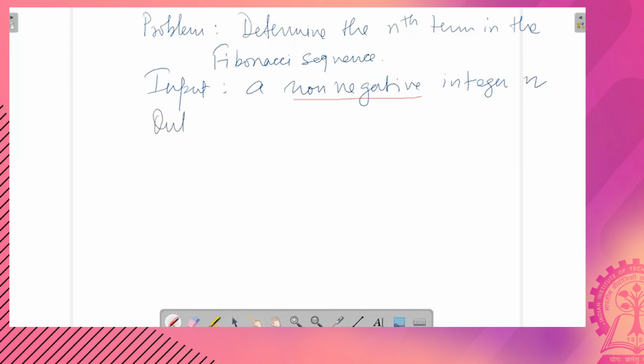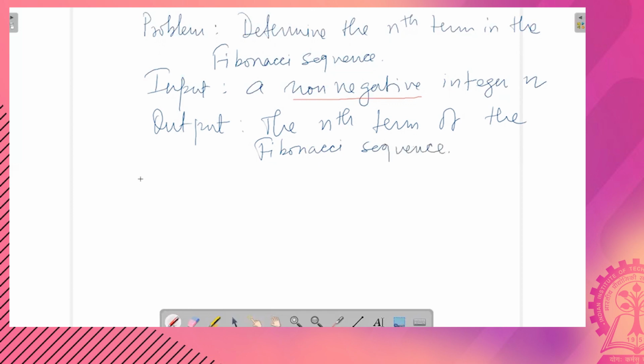Output is the nth term of the Fibonacci sequence. So it's very simple. Let's say we describe it by the function int fib(int n).